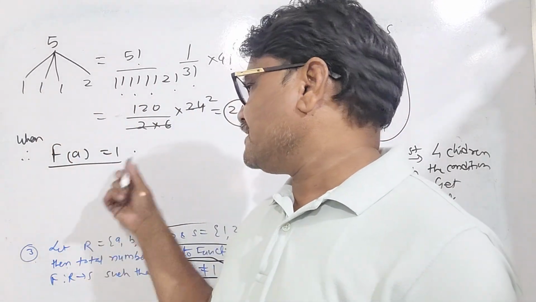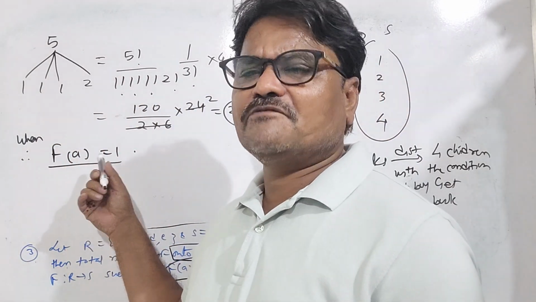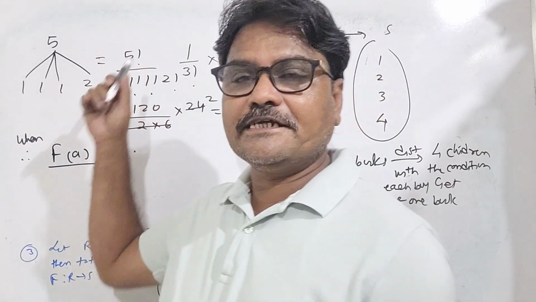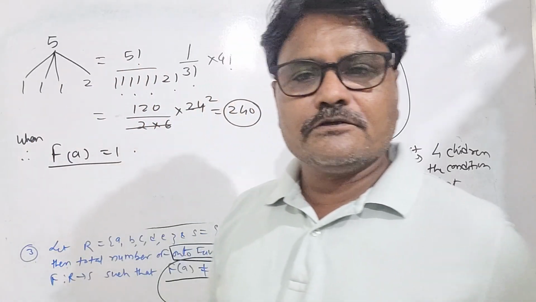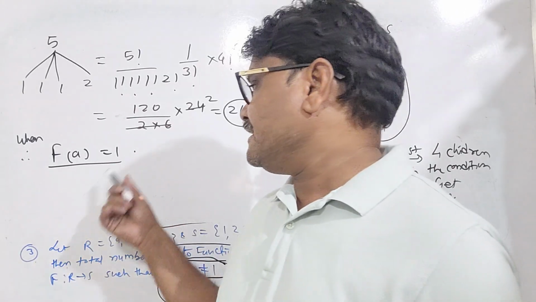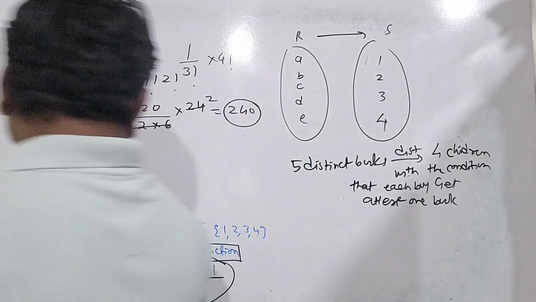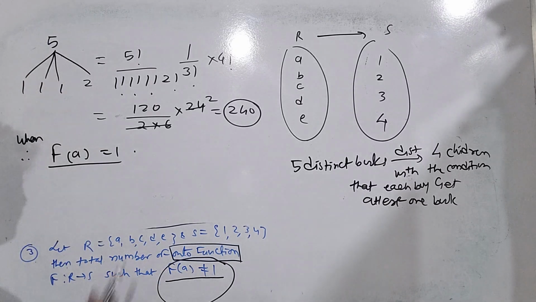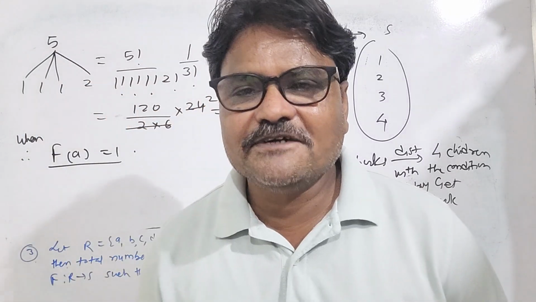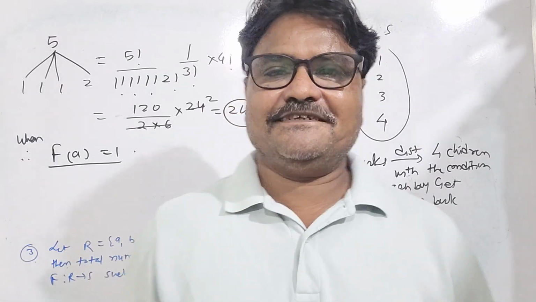This contains the cases when f(a) equals 1 or f(a) does not equal 1. All these cases are already included here. But we don't want those cases where f(a) is equal to 1. So therefore I will calculate when f(a) equals 1 first.